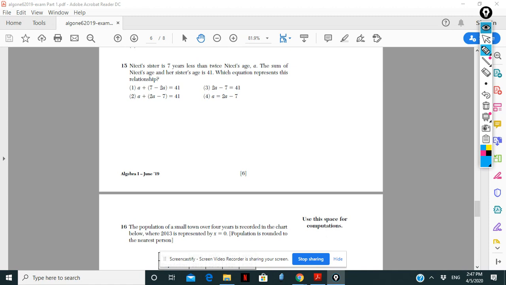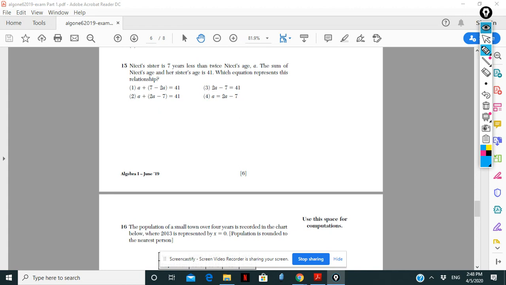Which equation has the relationship? Oh, that's amazing. So this one is a word problem, so we have to figure it out. So niece's sister is 7 years less than twice.